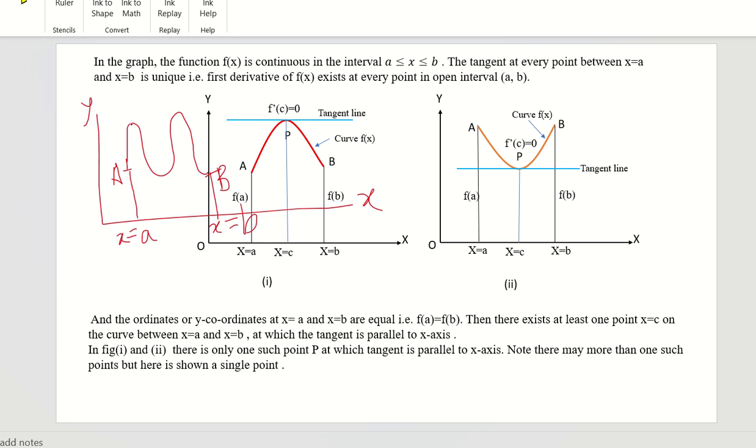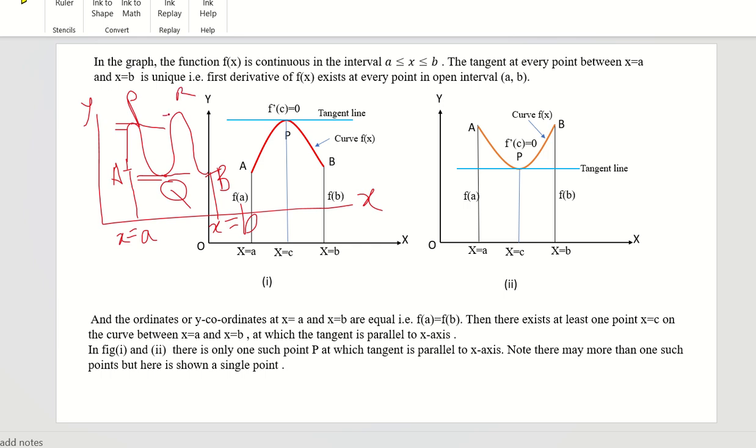This peak, let's say p, at this point we can draw a horizontal tangent. And at this lowest point, let's say q, if we draw a tangent, that is horizontal.